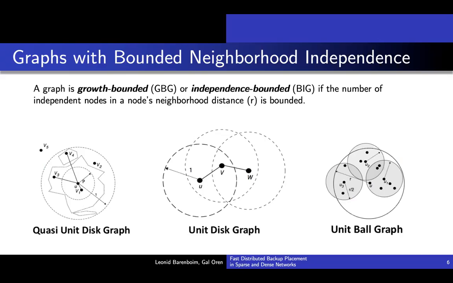For example, claw-free graphs, which are graphs that do not have a claw as an induced subgraph, where a claw is a star graph with 3 edges, 3 leaves, and 1 central vertex, have bounded neighborhood independence of 2. Anyway, as you can see, the model is very inclusive.